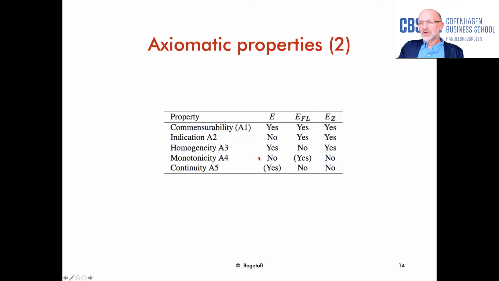Monotonicity, we also noted a split second ago that because of the slack problem, it's not fulfilled by Farrell, but it is by Färe-Lovell. And continuity, this one has more or less, and the other one does not have this continuity property when you look carefully at it.